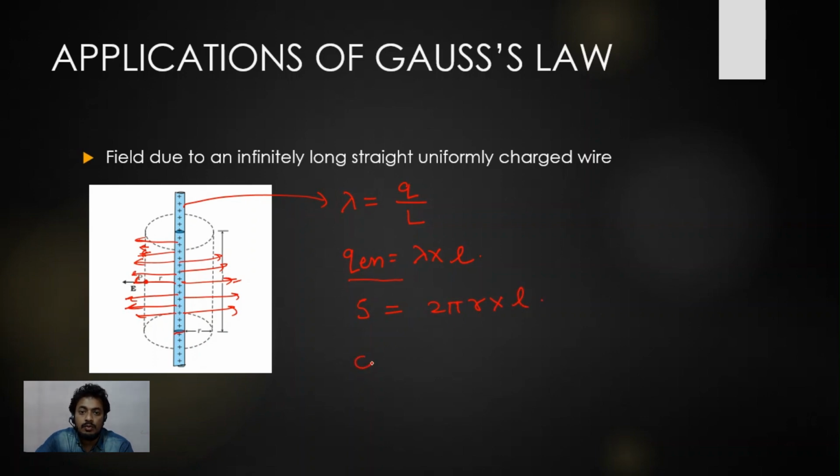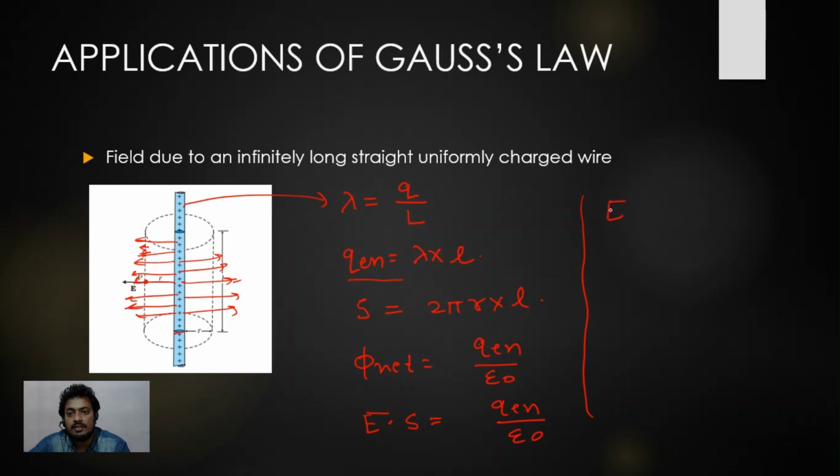Now you know flux net equals to Q enclosed by epsilon. But you also know this is equal to E dot A, area. Now when you calculate electric field, it will become Q enclosed, which is equal to lambda into L, divided by area which is 2 pi r L into epsilon.